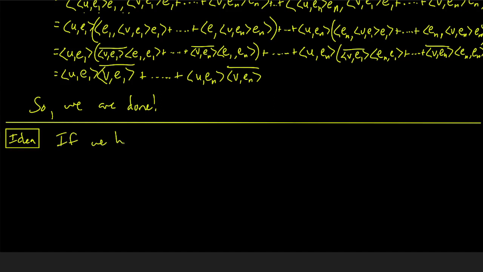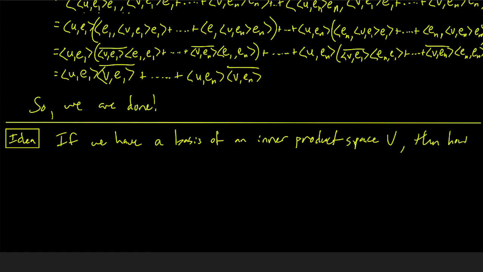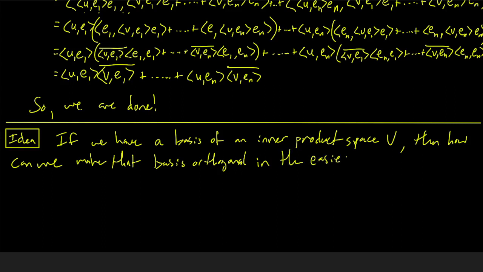If we have a basis of an inner product space V, then how can we make that basis orthogonal in the easiest way?